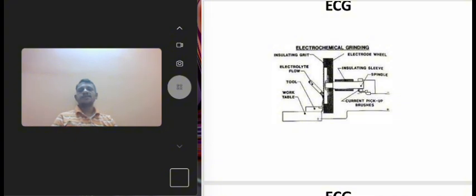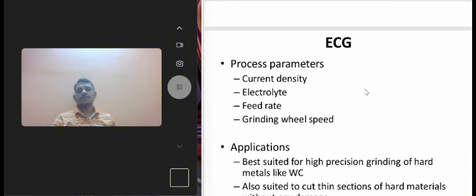Disadvantages. Initial cost is high. Power consumption is high. Metal removal rate is lower than conventional grinding. Non-conducting materials cannot be machined.